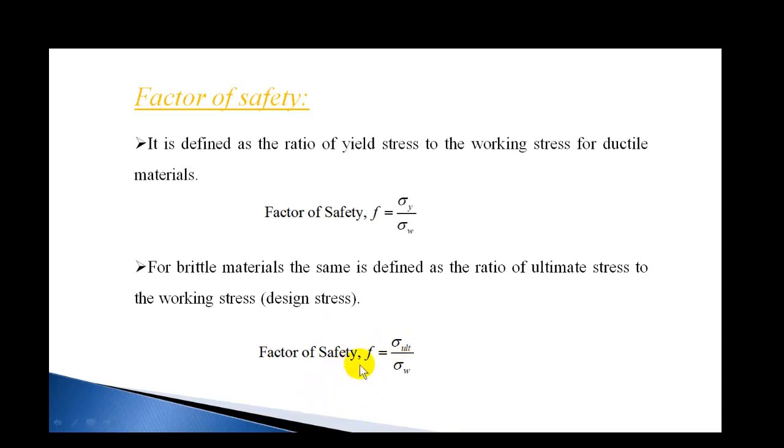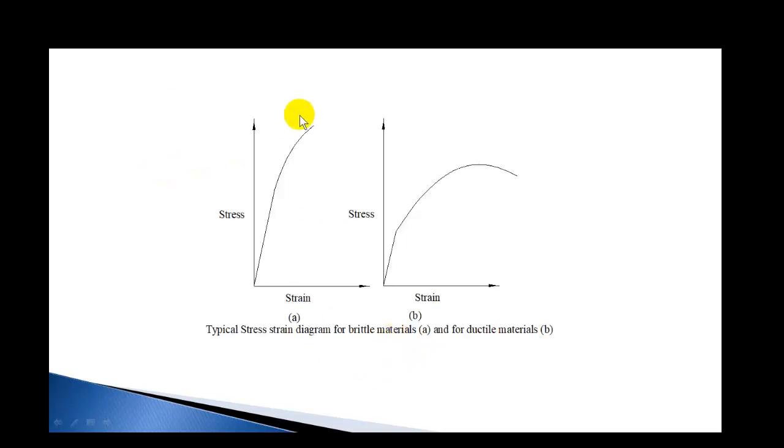You want to limit the stress to somewhere here. So if the ultimate stress is 300 megapascal and you are using a factor of safety of 6, 300 by 6 gives a working stress of 50 megapascal.